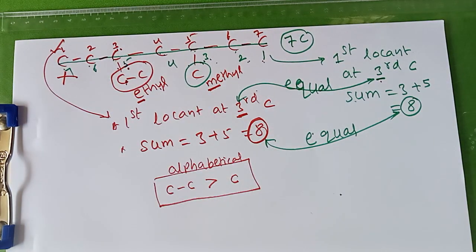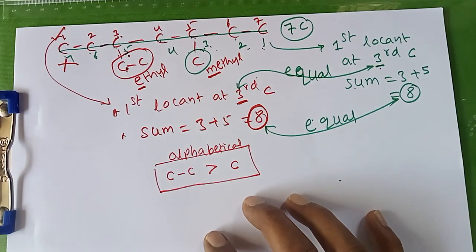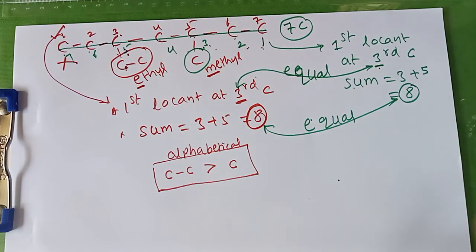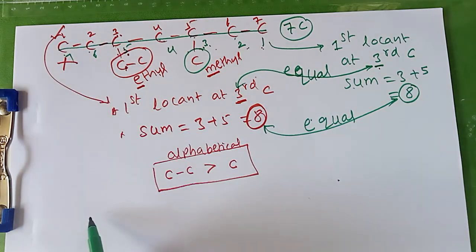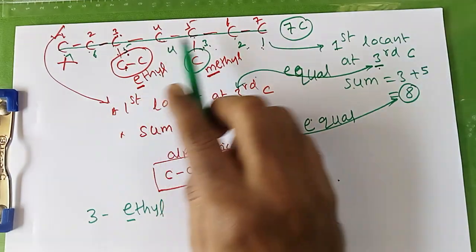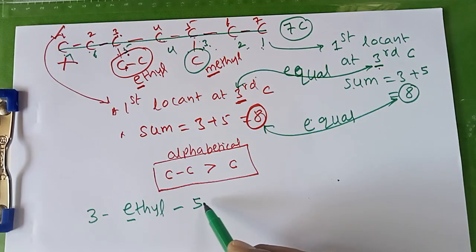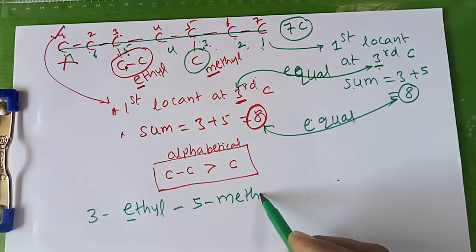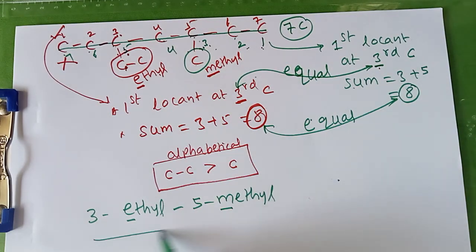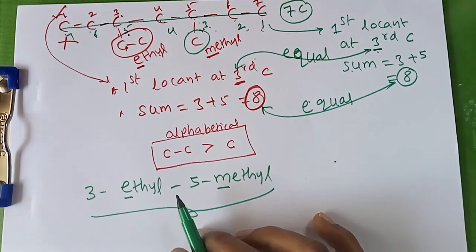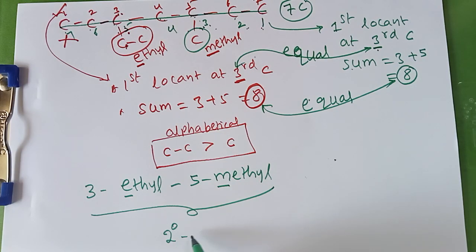Now the substituents are listed in the IUPAC name according to alphabetical order. So I write the IUPAC name. In this numbering, the third carbon has ethyl, so first you write 3 ethyl, E underline. Next 5 methyl, M underline. Total how many carbons? 7 carbons. Total this is the secondary prefix.